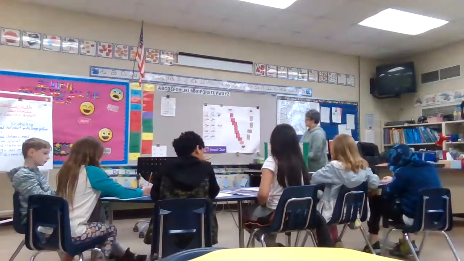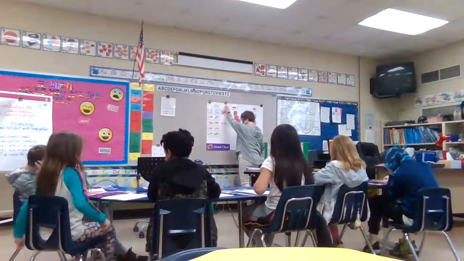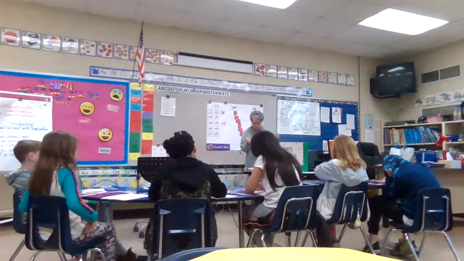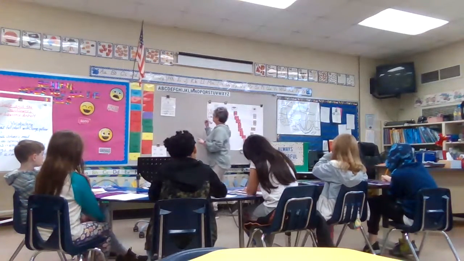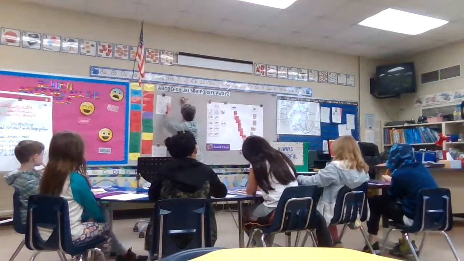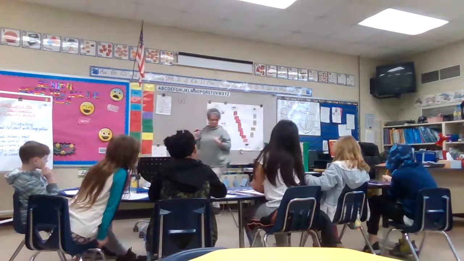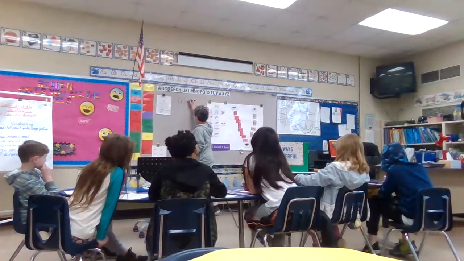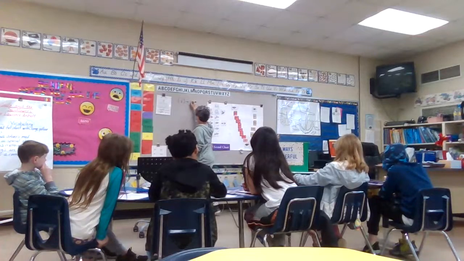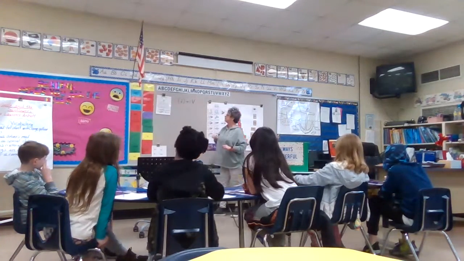All right, now let's review what you need to be aware of. Remember, when you hear a long vowel sound in an open accented syllable, the vowel will be long, and you just spell it with that vowel.